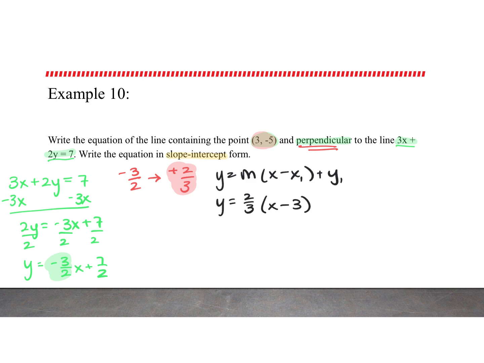Two-thirds for slope, 3 for our x, and negative 5 for our y. We can distribute. Again, we want it in slope-intercept form, so now we can combine like terms on the right. Negative 2 minus 5 gives us negative 7.